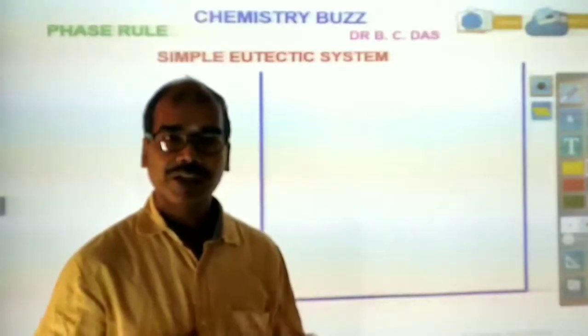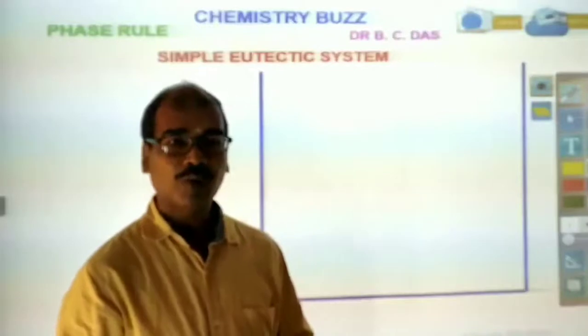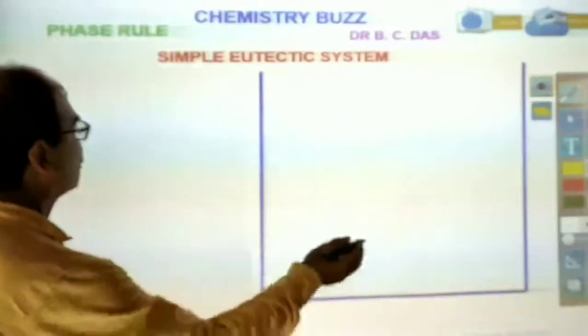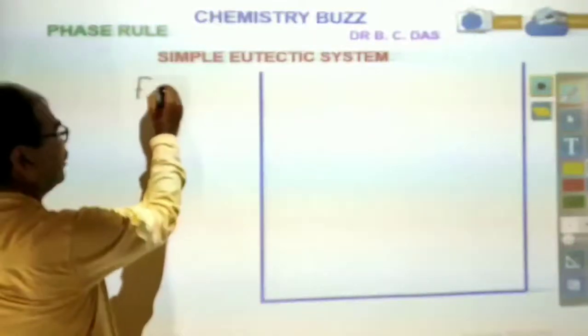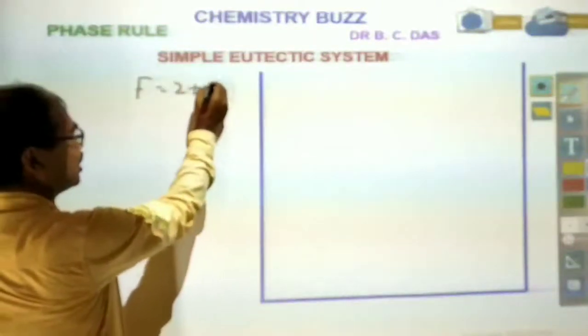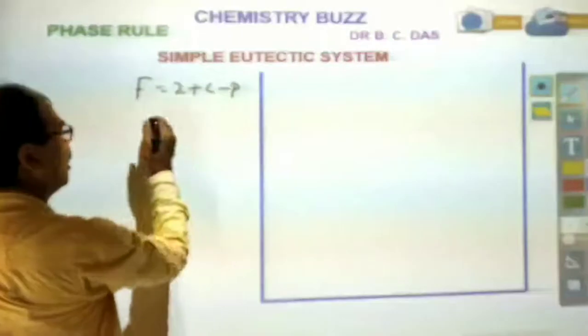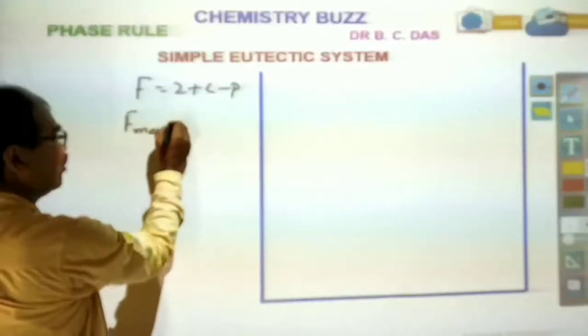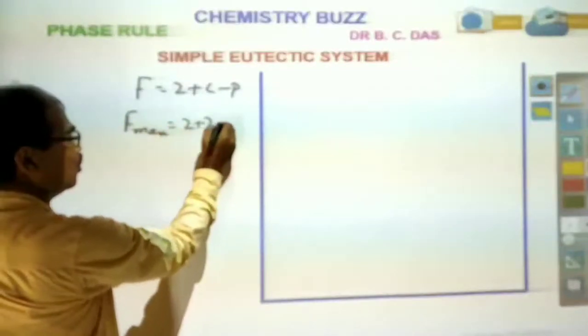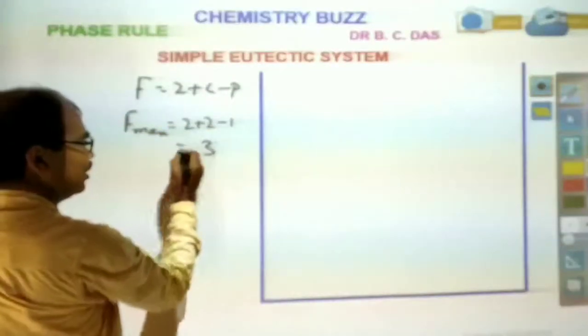Then let us review the two component system again. According to the Gibbs phase rule, we have F is equal to 2 plus C minus P, and for a two component system the F max is equal to 2 plus 2 minus 1, that is 3.